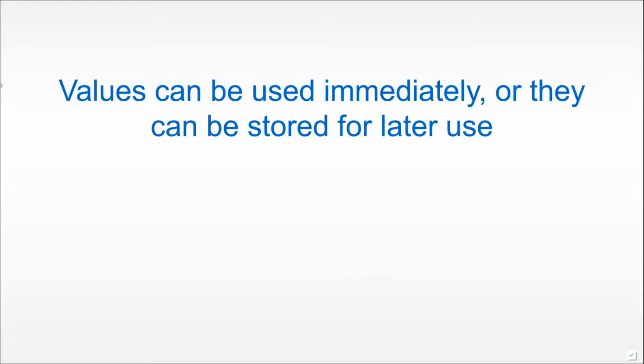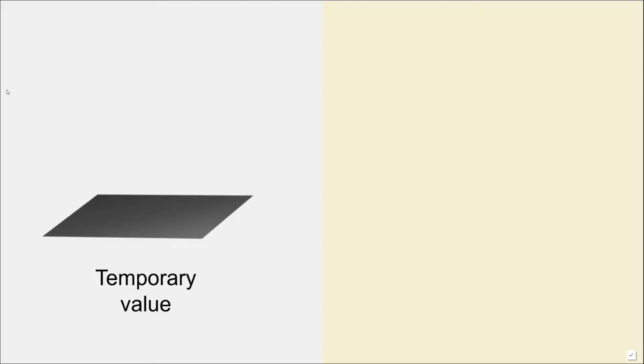The next thing that we have to be aware of is that values can be used in a couple of different ways. We can either use them immediately, for example, as part of a calculation that we are making, or we can store them for later use in another place in the program where we would retrieve them back. So if we think of a temporary value, we can just think of a ball which is about to be used.